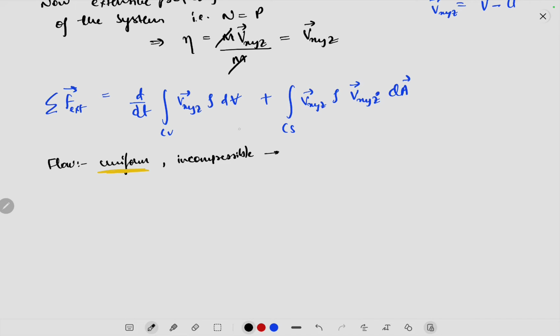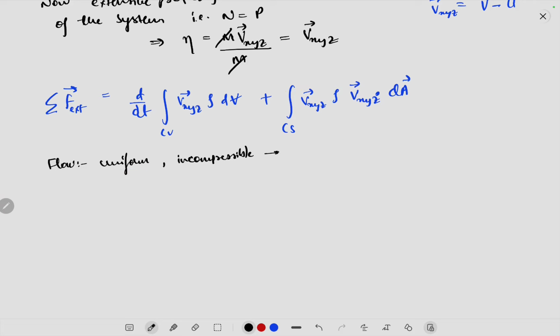If my flow is uniform, I know that over a cross section the velocity vector would remain constant, right? And this would be independent of the dA that I choose. So in that case I can take this v vector outside of the integral. But let's just focus on this term and not on this term. So I can take v_xyz outside of the integral.